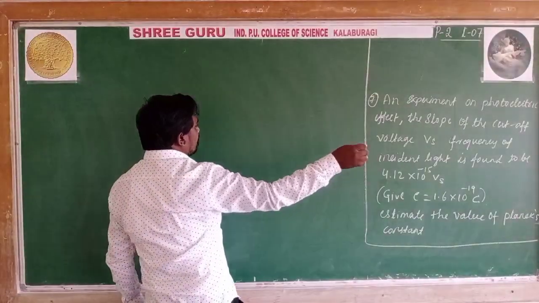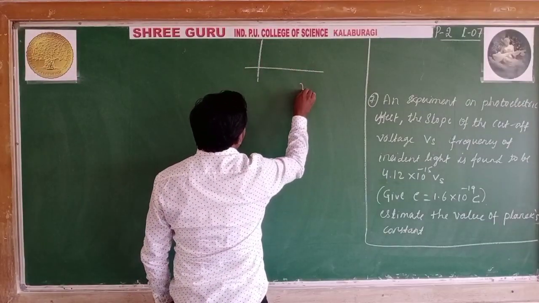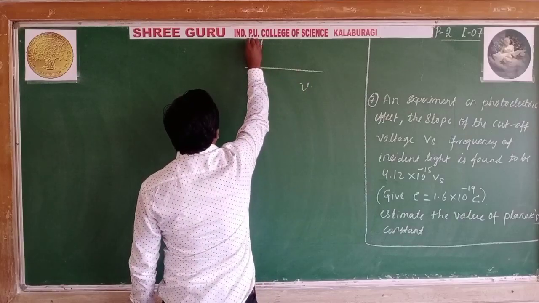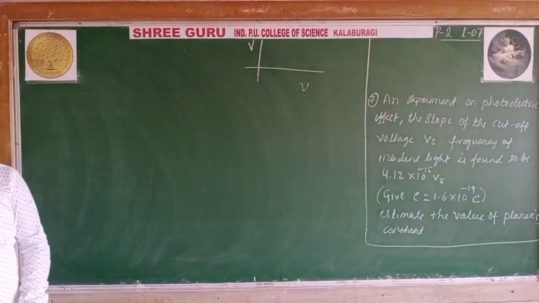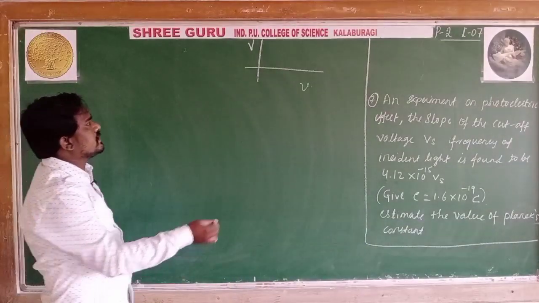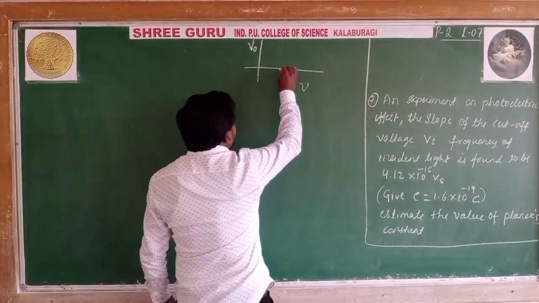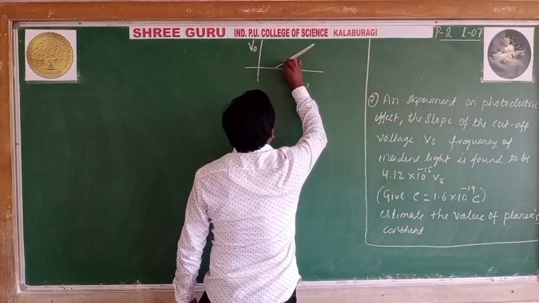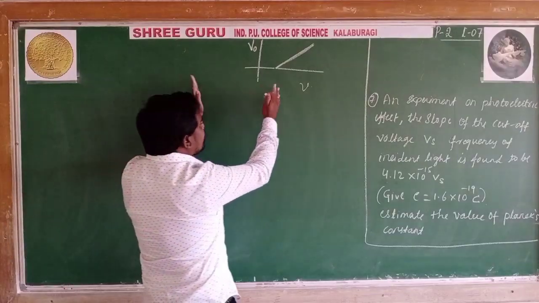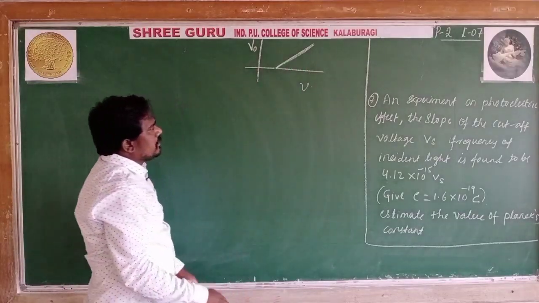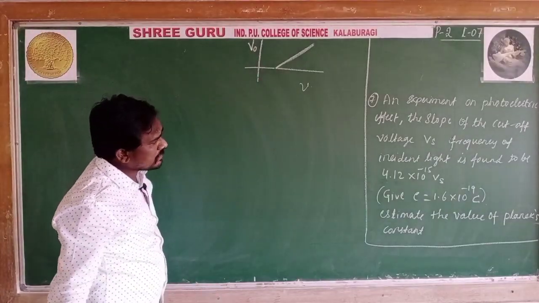Okay, how to find? What are the things they mentioned? A slope they mentioned, which is frequency versus stopping potential or cutoff potential. We know that already. Consider V0, cutoff voltage or stopping potential. If the frequency increases, stopping potential also increases, so we can find the slope for any values.